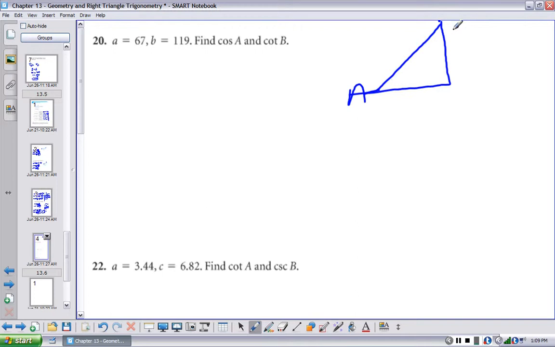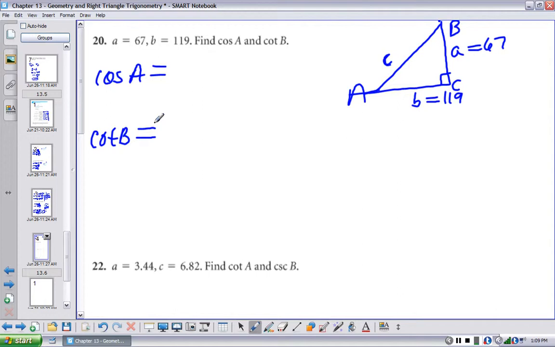A, B, C. It says if A is 67 and B is 119, we need to find cosine of big A and cotangent of B. Remember, cosine is adjacent over hypotenuse, and cotangent is adjacent over opposite.